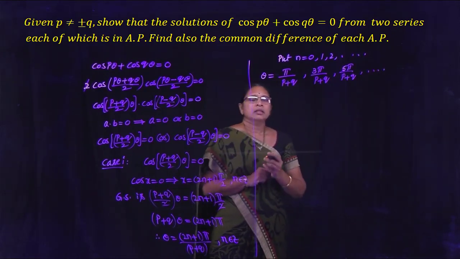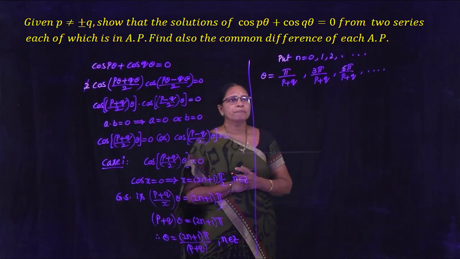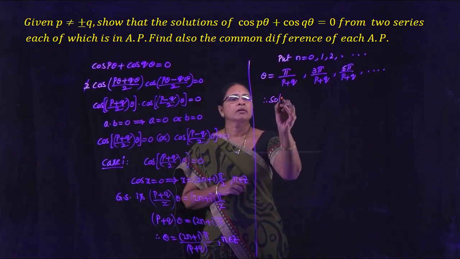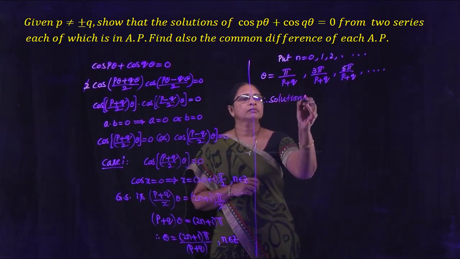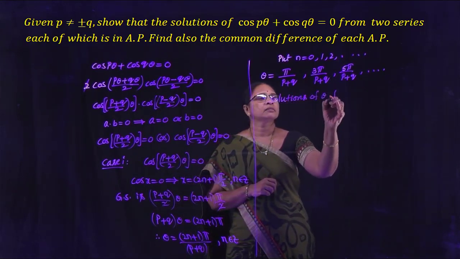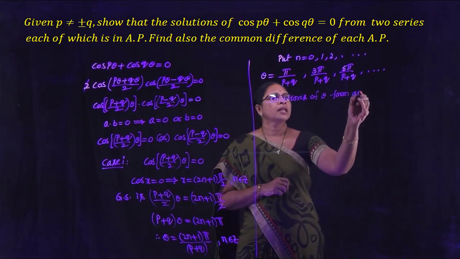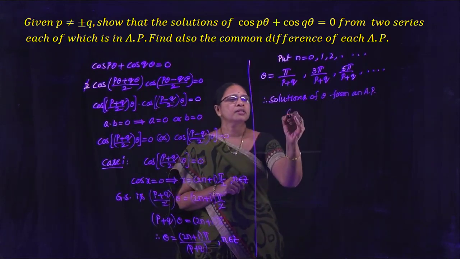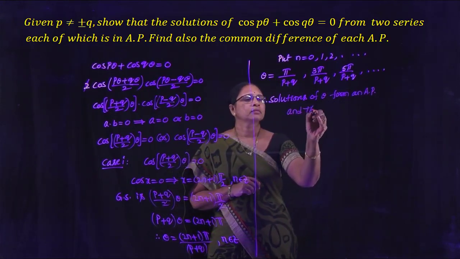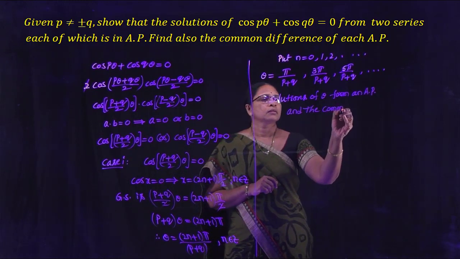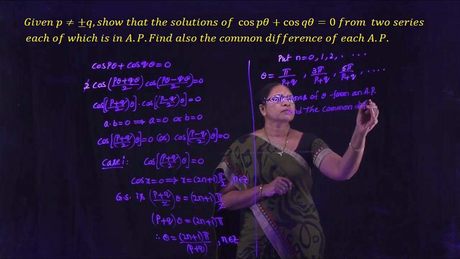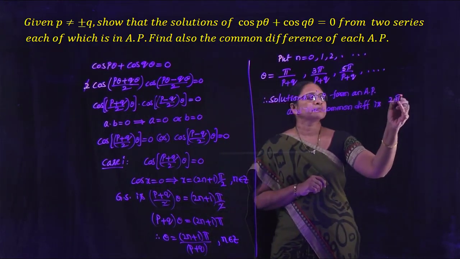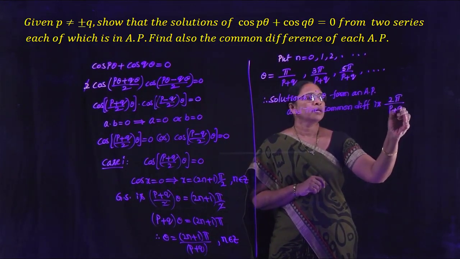Here, the solutions of theta form an AP and the common difference is 2 pi by p plus q.